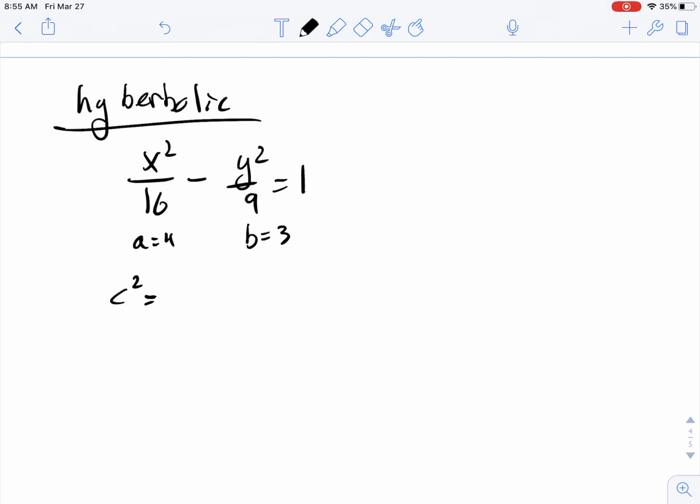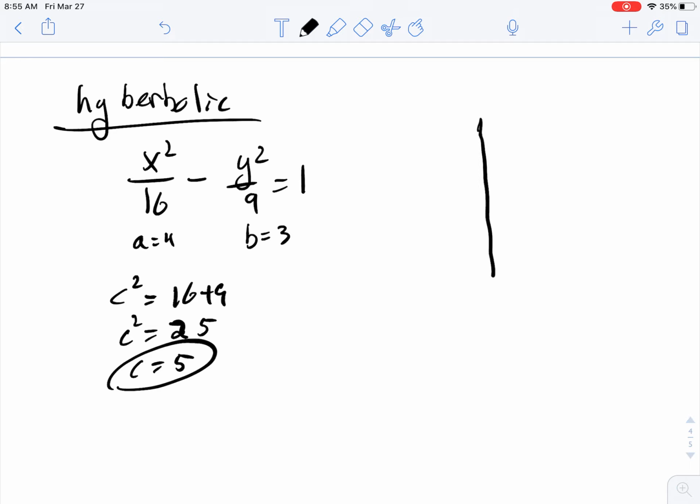Therefore c squared equals 16 plus 9, c squared is 25, and c is 5. We already found the slope and all that.